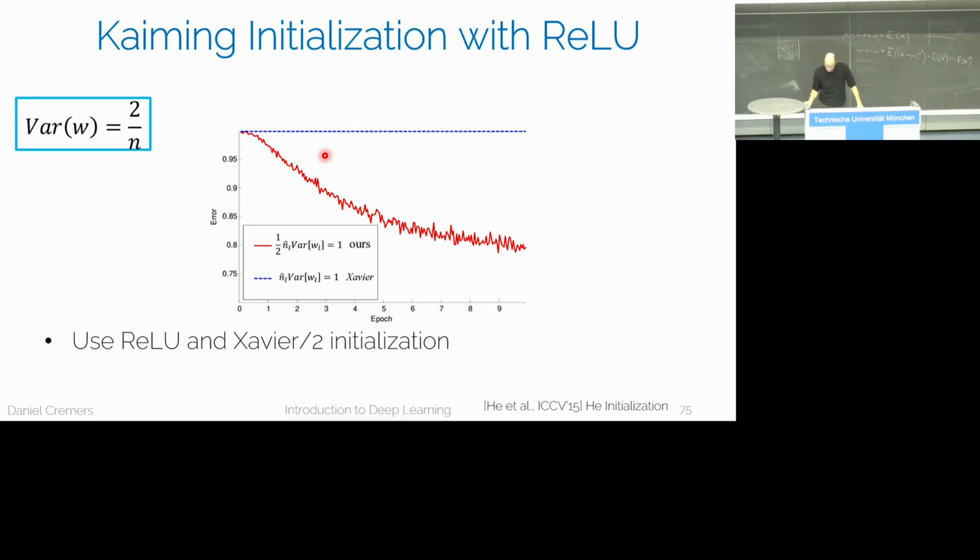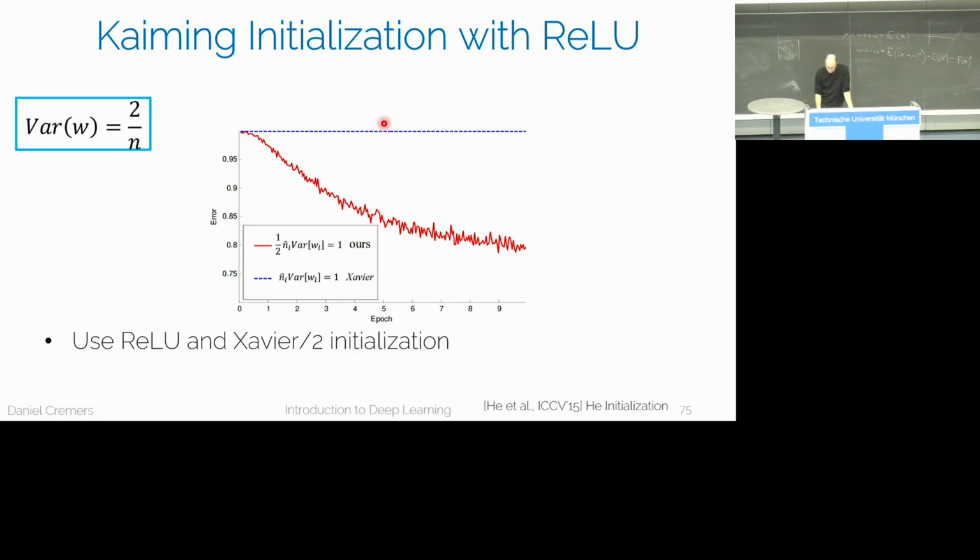And a comparison shows that if you initialize the weights incorrectly, not, for example, according to this Kaiming initialization for ReLU or Xavier initialization, then you don't get any learning because of the vanishing gradients. And this is what's shown here. This is a plot from Kaiming's paper where he shows the learning curve across the epochs, the error going down with the right initialization and not going down with the wrong initialization.